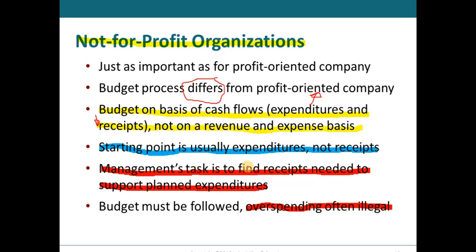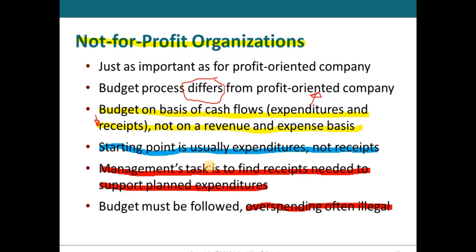The starting point is usually expenditures, not receipts. We begin the budget with expenditures, not receipts. The management task is to find the receipts needed to support planned expenditures.